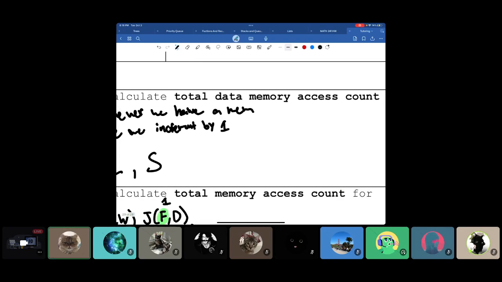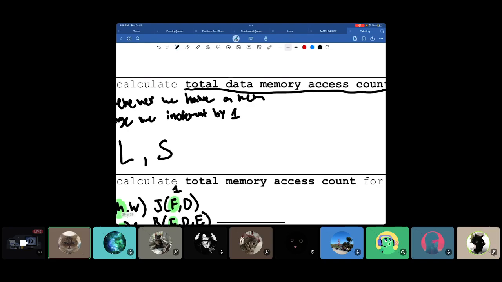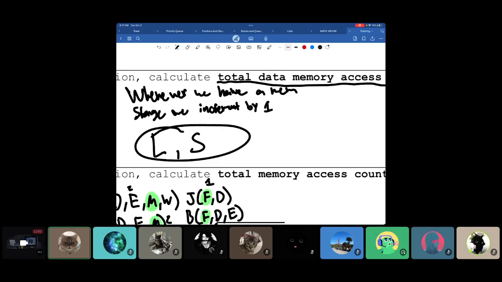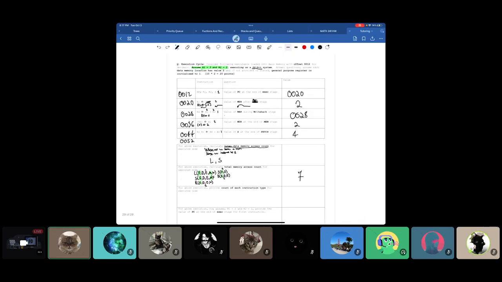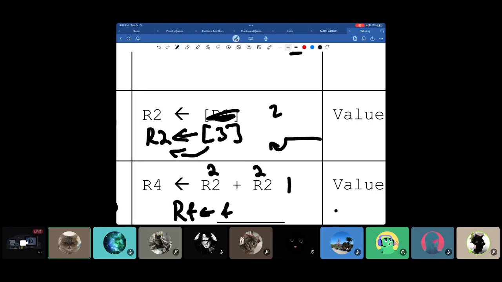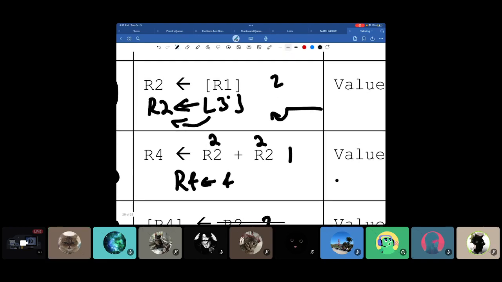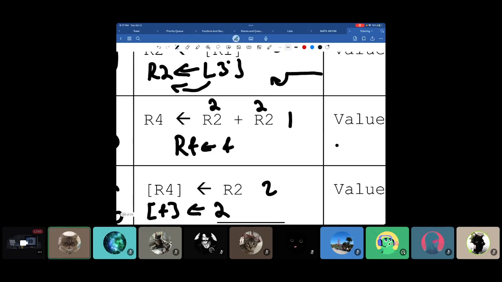So this question is equivalent to just saying what is the total count of load and store instructions, right? And from that we would say branch, that's not a load and store. The second instruction, that is a load. Third instruction, that's an R type.